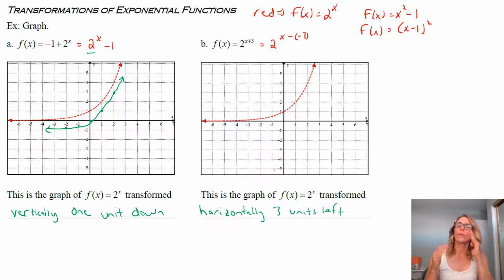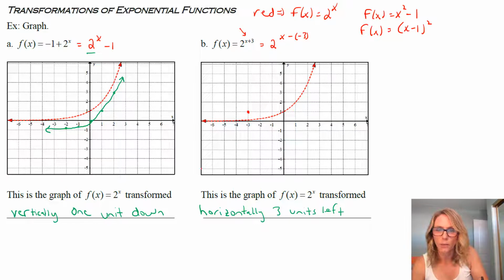When you put in 0, you get 1. Now we'd have to put in a negative 3 right here to get that same 1. So negative 3 is now giving us that 1 value. So every point's going to be moving 3 units to the left.